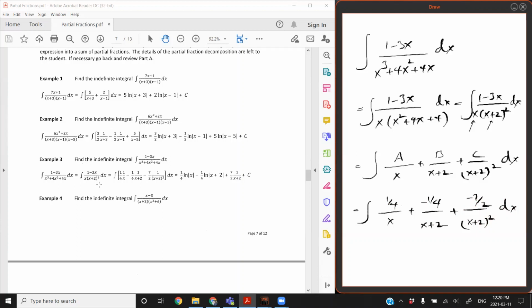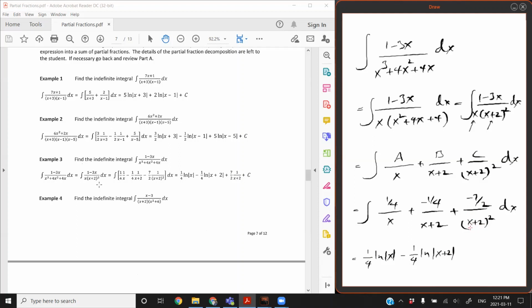And then I can find the antiderivative of each one of them using a substitution. So this first one is going to be 1 over 4 ln of the absolute value of x minus 1 over 4 ln of the absolute value of x plus 2. And for this one, if I do a substitution, again, I'm doing it in my head. I take u to be x plus 2.